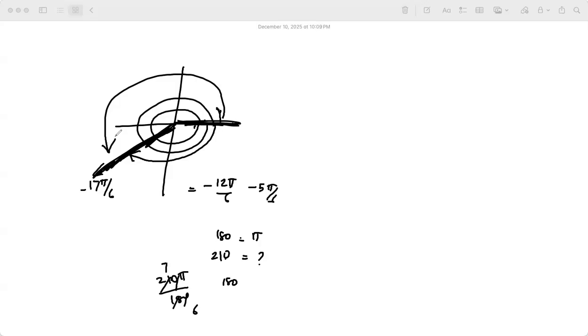Does that make sense? So 5 pi by 6 can be the coterminal angle, or your answer 7 pi by 6, or it can be minus 5 pi by 6 as well, if you go in the negative direction. Got it?